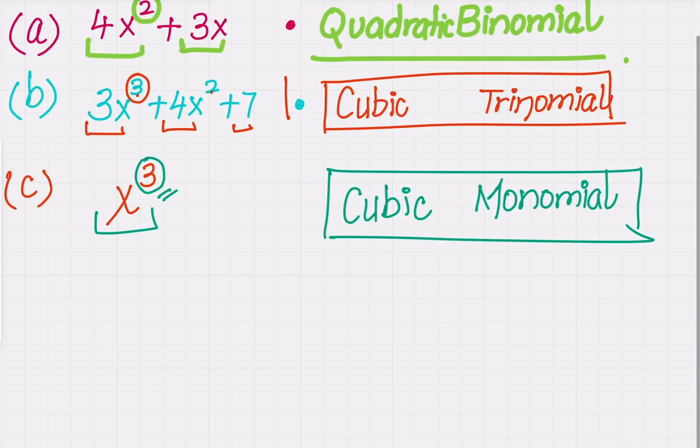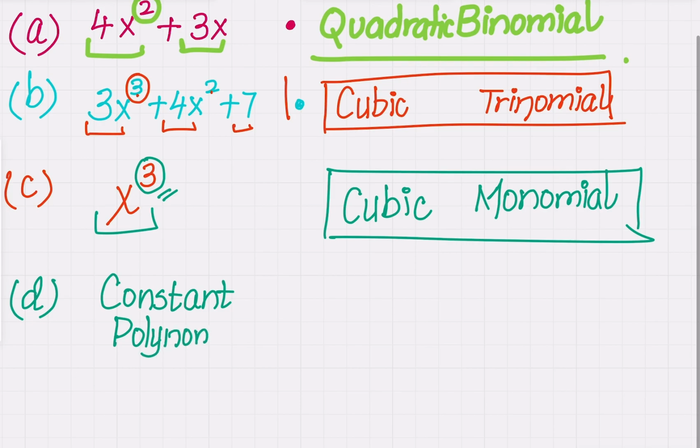All right, so other types of polynomials that we can see are also called constant polynomials. Constant polynomials are basically given as a constant number, 1, 2, 3, 4, like you have seen, the numbers at the end of the polynomial. Now, why do we call them polynomials?